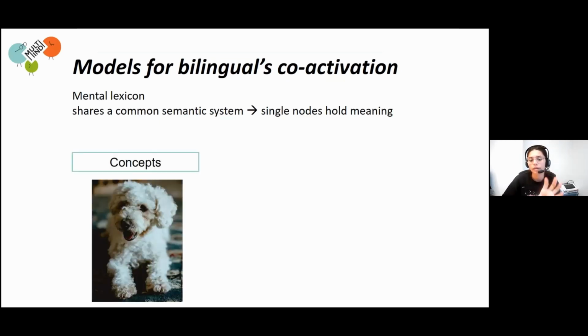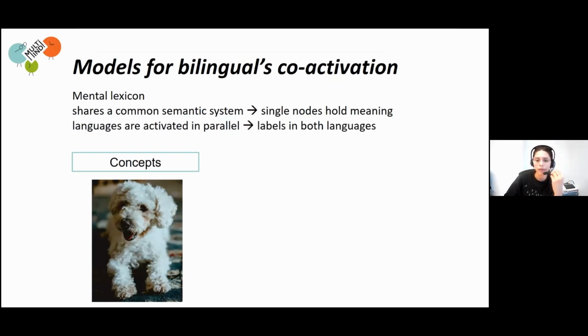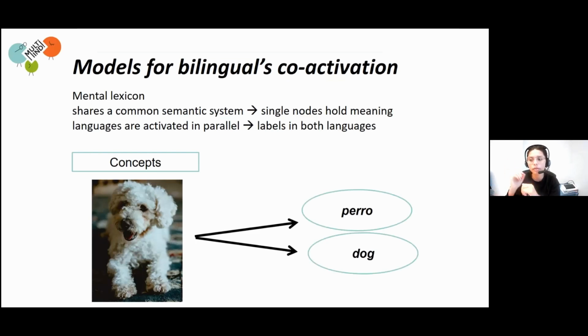For example, we have a node that holds all the information related to the concept of a dog. But at the same time, we can store for each single concept node different labels associated with this concept. In the case of an English-Spanish bilingual, we store the labels to call this concept in both languages, English and Spanish.